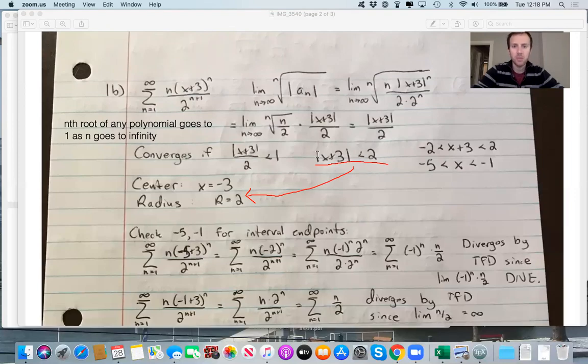So if we had something like the absolute value of 2x minus 1 is less than 1, this doesn't give you r equals 1. What you have to do is say, factor a 2 out of everything.